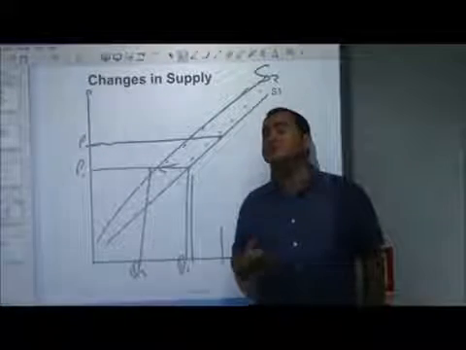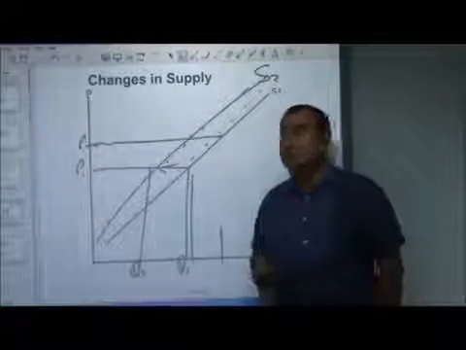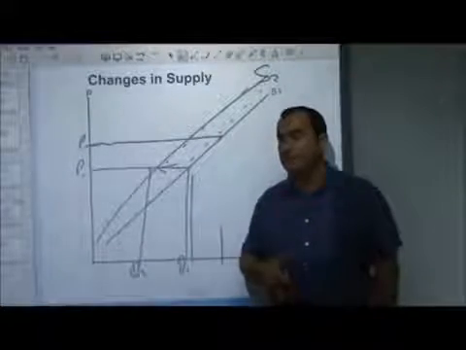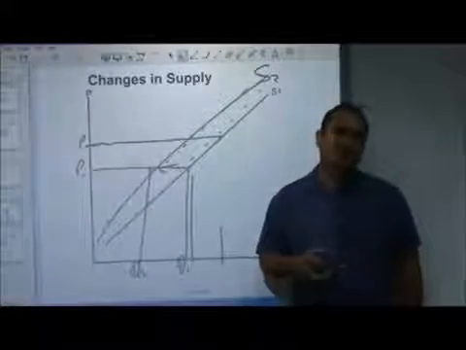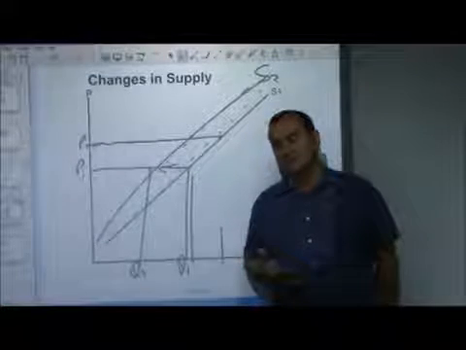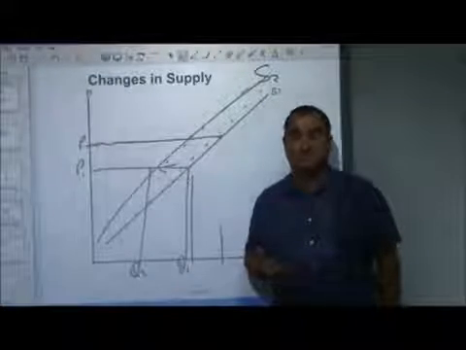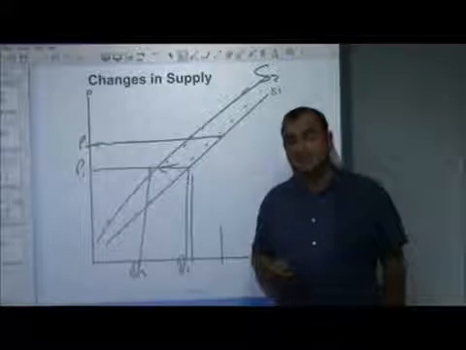And that has repositioned every point on the supply curve, in this case inwards, indicating less supply than before at every price, including P1. So that change in a cost of production causes a shift in the supply curve, and we say there has been a change in supply.